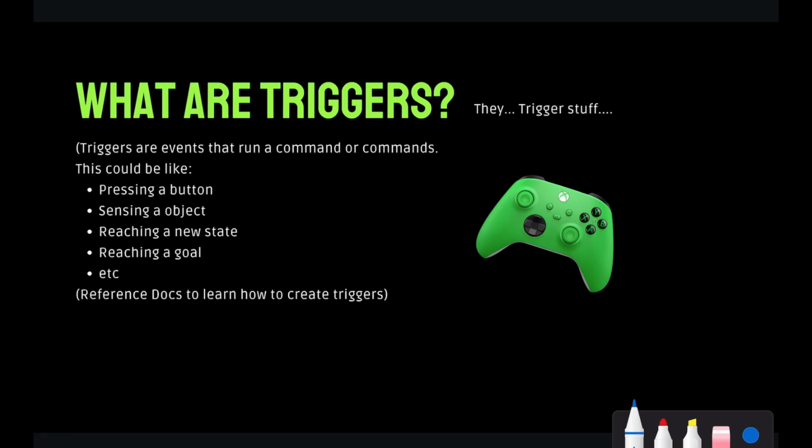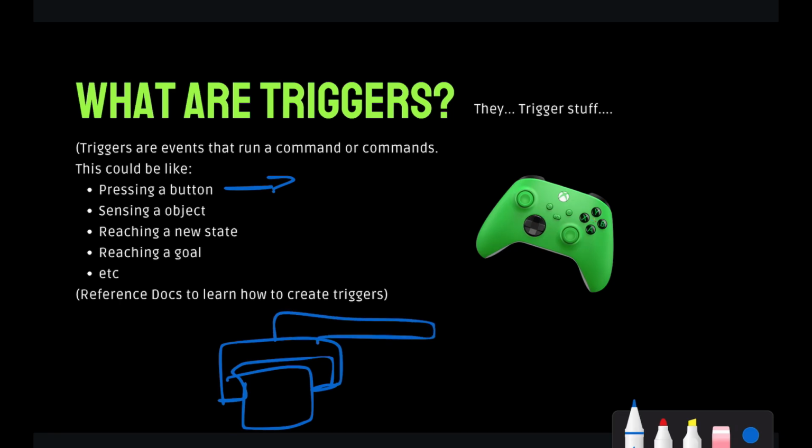For example, maybe when you press a button, you want something to run, or maybe you sense that you're holding an object. So, hey, when I grab this game piece, run the drive to score command. We can have it so maybe when it's reaching a goal, when I set this height, end the command. And there's a lot more examples of that. It's up to your creativity.